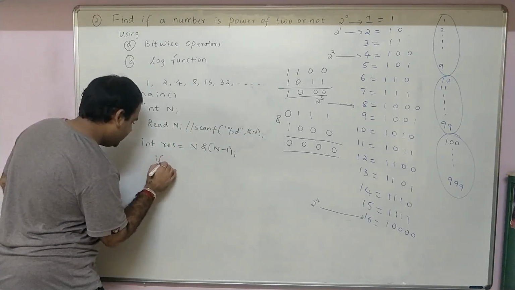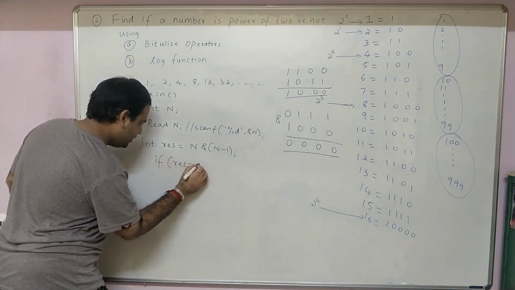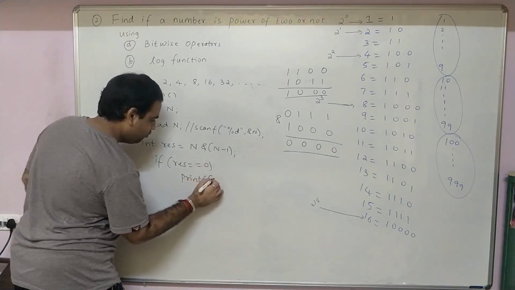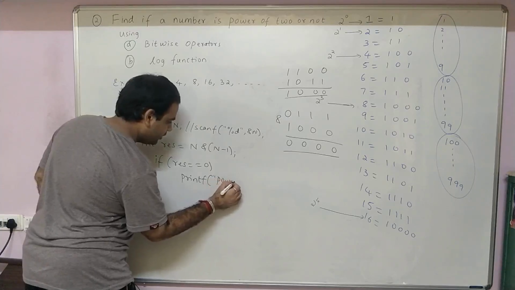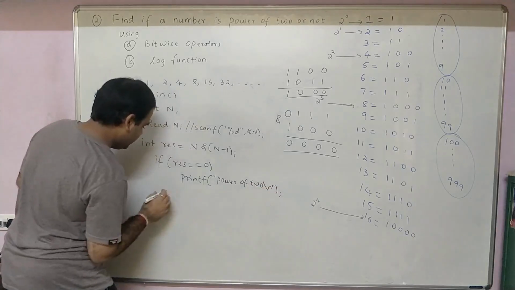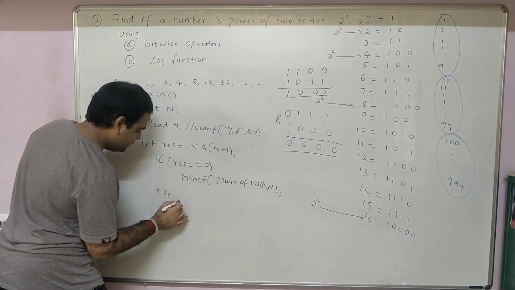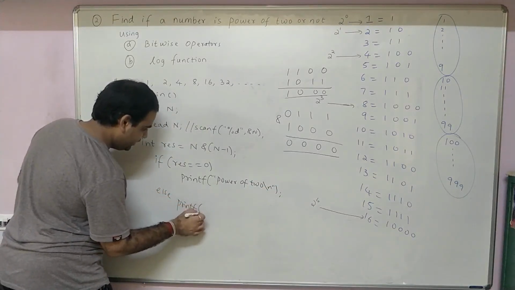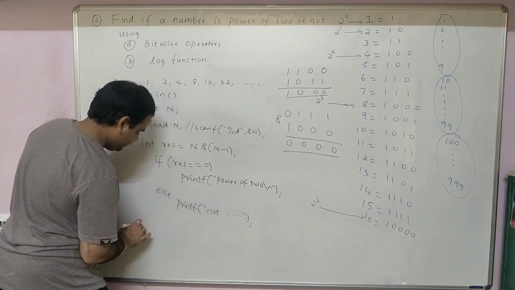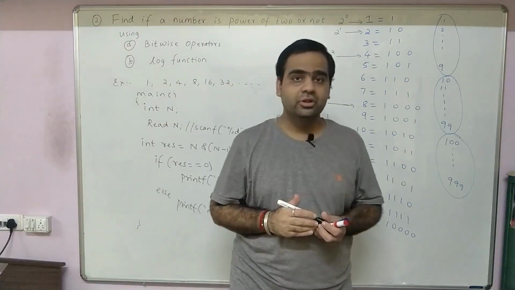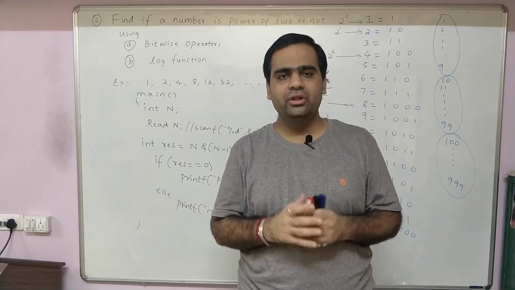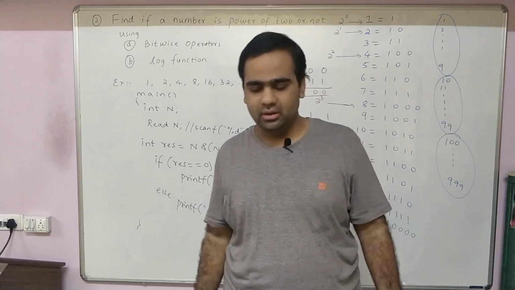Hence, we write: if result is equal to 0, printf "power of 2", else printf "not power of 2". I hope you have understood this. Now let us see how we do this using the logarithmic function.